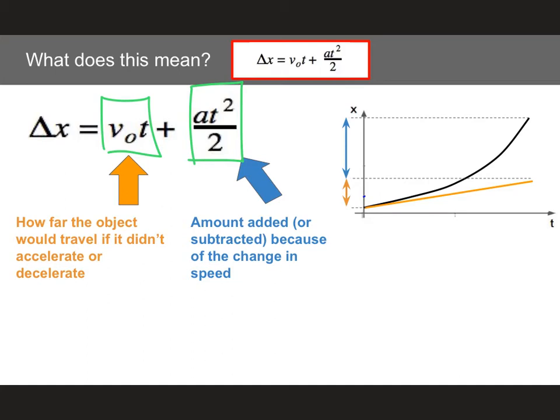The object goes farther than we expected it to because it's accelerating, because it's speeding up. Or if this value of a happens to be a negative number, if it's slowing down, then that's going to subtract from the original amount, and it's not going to go quite as far as we thought it would.